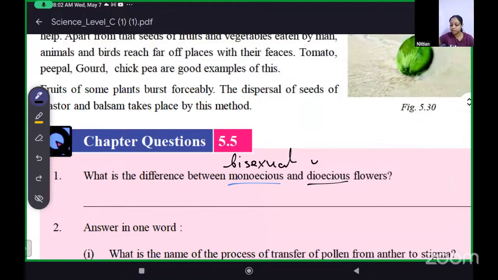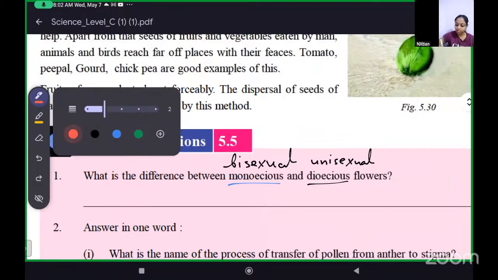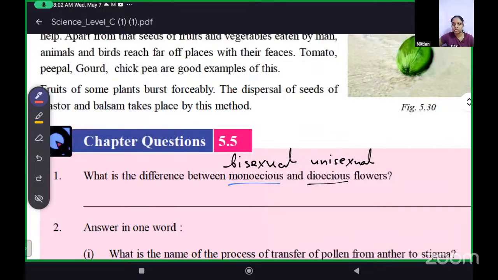One that has either a male or a female. Yes, you are right. Sorry. Bisexual is the one that has male and female parts, male and female flowers. Unisexual is the one that has male and female parts in one flower. Bisexual plants are the ones which have both male and female flowers on the same plant.